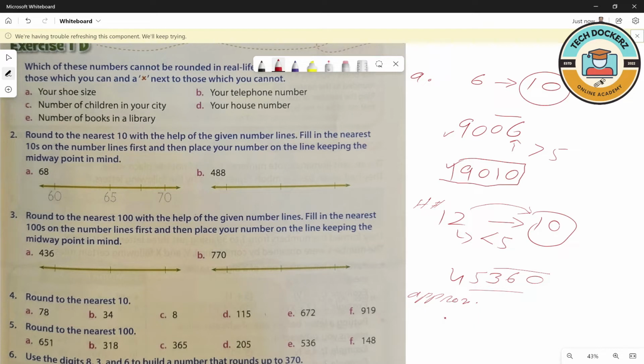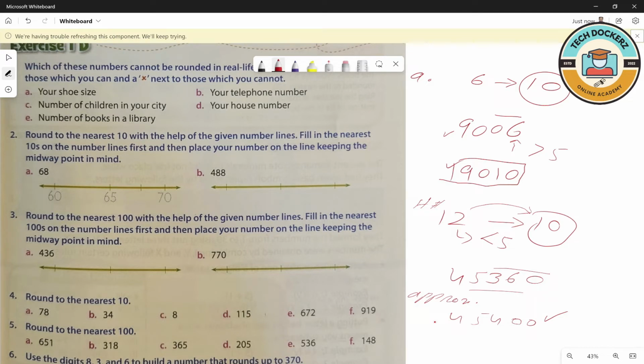So to the nearest 100, how can we round it? 45,400. All right, so yes, we can round the number of children because we can give an approximate number of how many children are in the city.